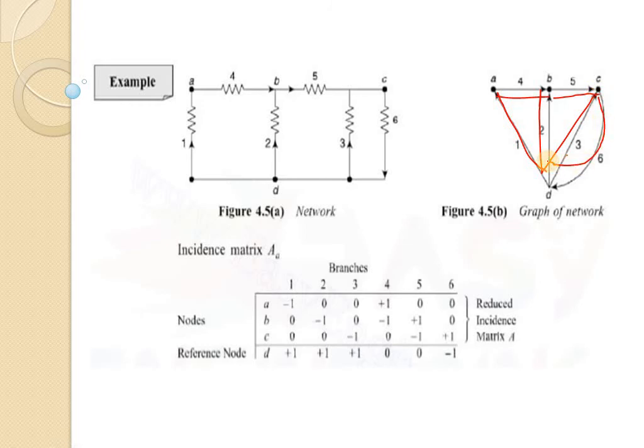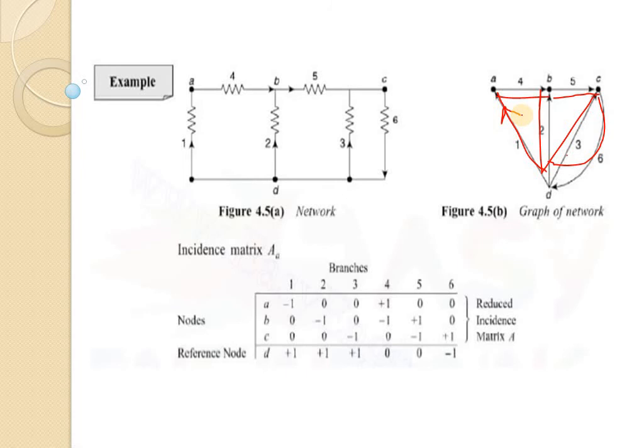Now, as per the incidence matrix, we have to make a relationship between the nodes and branches. So here nodes are A, B, C, D and branches are 1, 2, 3, 4, 5, 6. So what is the relationship between node A and branch 1? Here the branch 1 is entering node A. That means it will be minus.